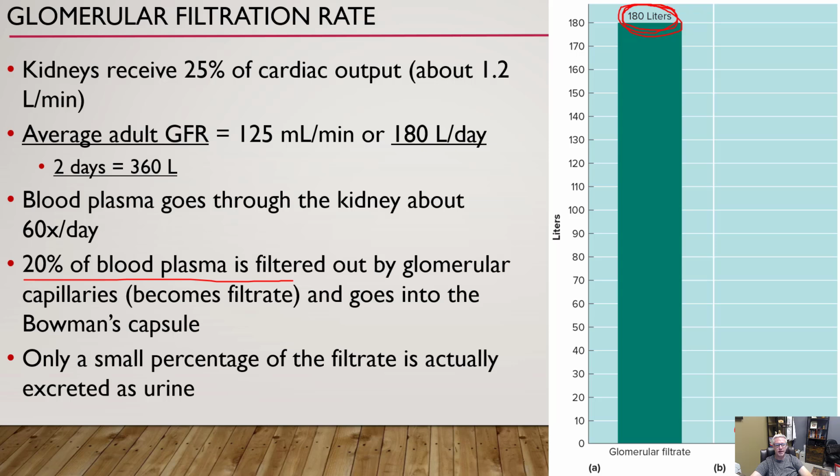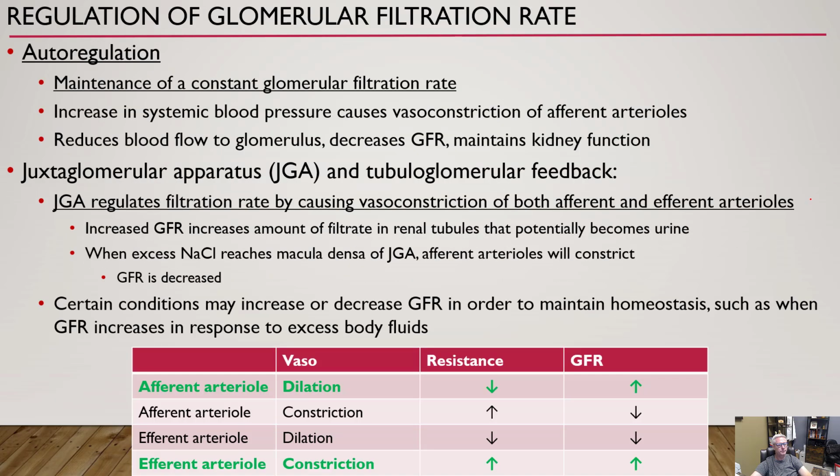So we have to have some sort of tubular reabsorption of water so that we don't get dehydrated. Because if we peed out 180 liters of water every day, we would only be able to survive about 5 minutes before we'd get killed off by dehydration, because we can't keep up with losing 180 liters per day.